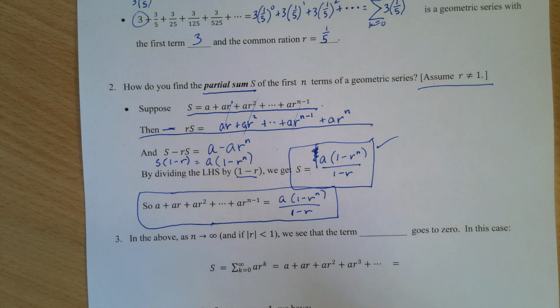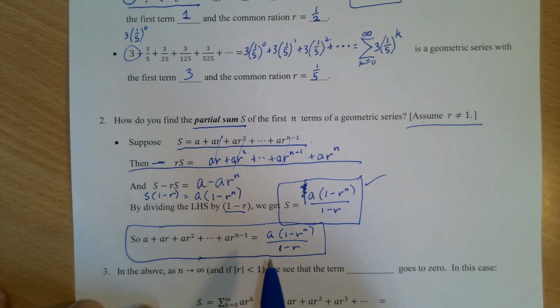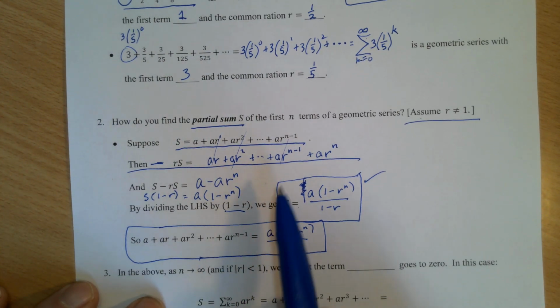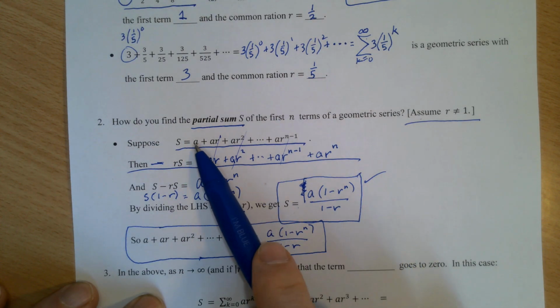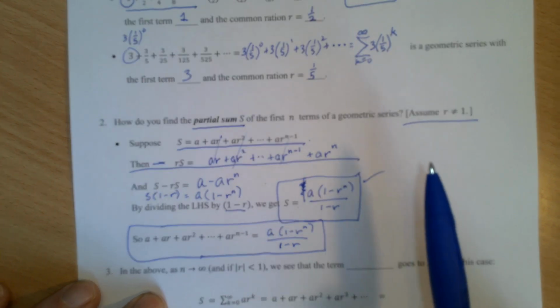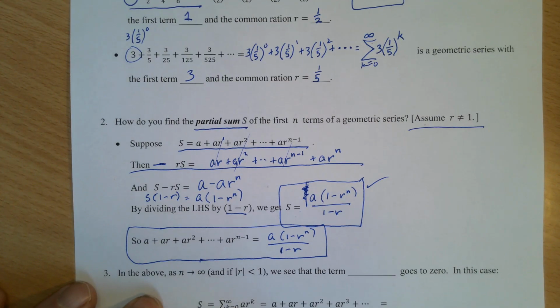All right, almost done. A couple more special cases. The next one: in this sum, suppose that n approaches infinity. Pretend like this really is an infinite sum. It goes on, plus ..., forever.